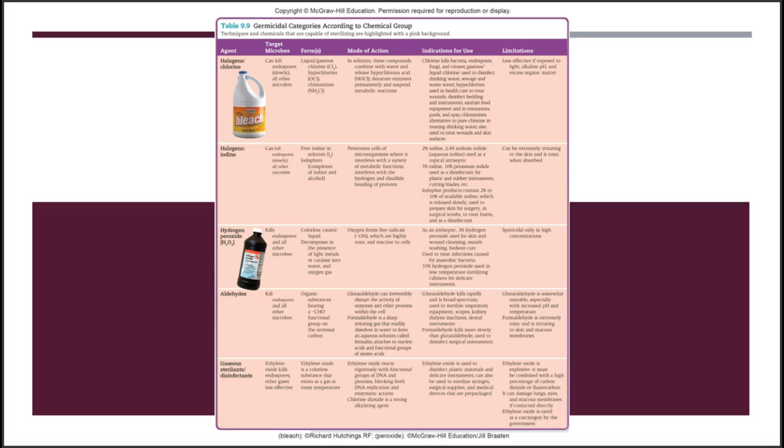So you can see we have bleach, iodine, hydrogen peroxide, some aldehydes, ethylene oxide, and some other gases. Each of these is going to have a different mode of action against a microbe and different indications for their use. Some can be used on tissues, others must be used on surfaces, and then there are some limitations to their effectiveness.